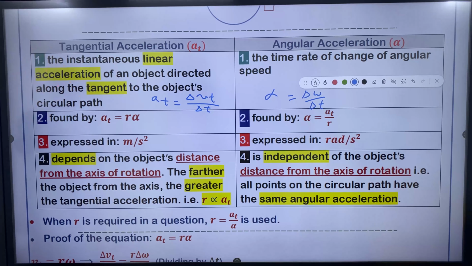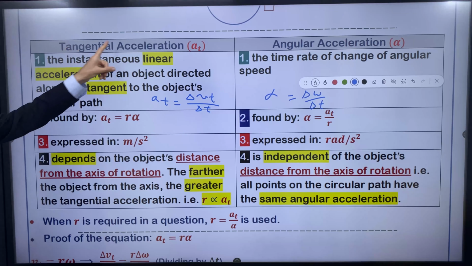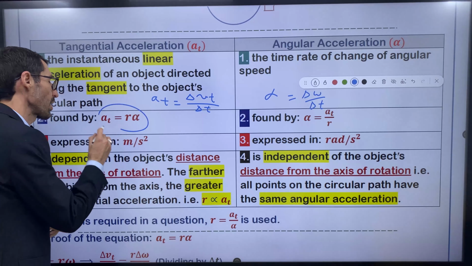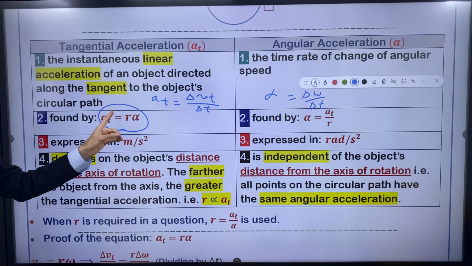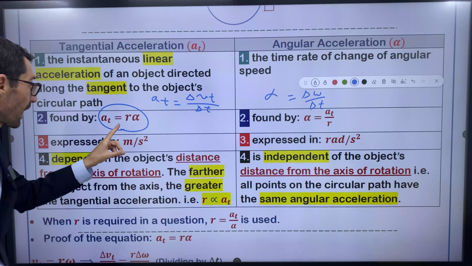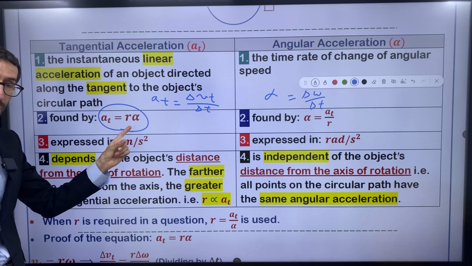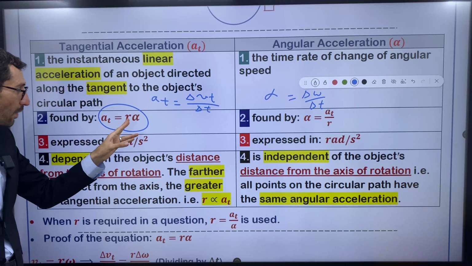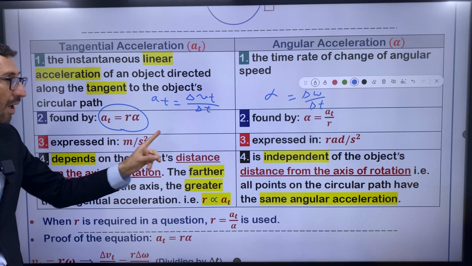The second difference: tangential acceleration, or AT, is found by this equation, AT is equal to r alpha. Rearrange the equation for alpha: alpha is equal to AT over r.